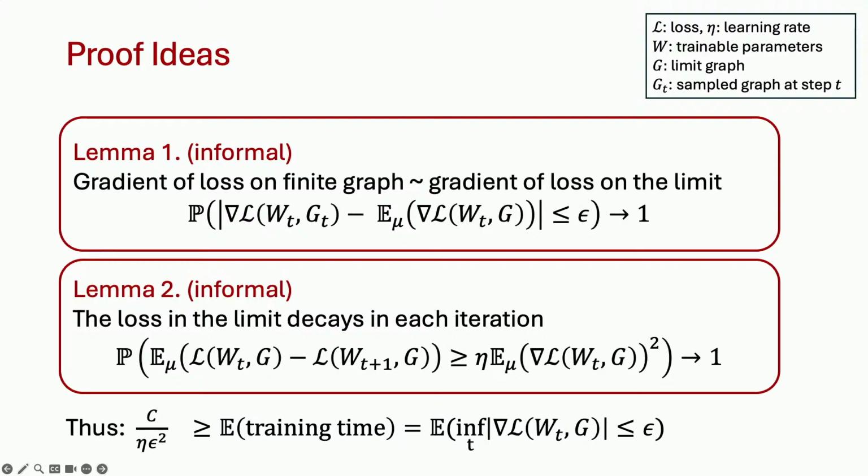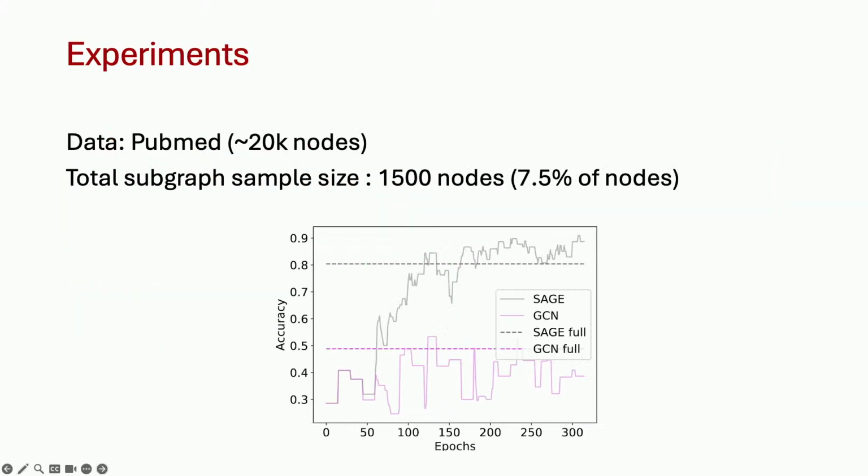I want to show you some experiments before finishing the talk. This is an experiment on the PubMed dataset with 20,000 nodes, where we have 7% of the nodes, to compare 2 different GNNs: GraphSAGE and GCN.